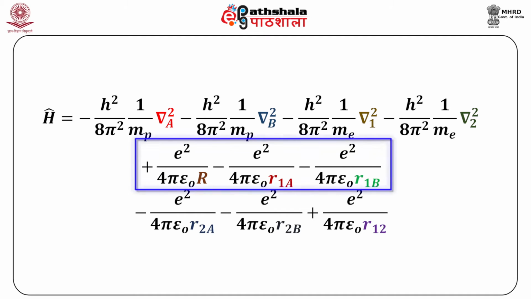And then we have the term minus e square upon 4 pi epsilon 0 r1a, which represents the attraction between nucleus A and electron 1.